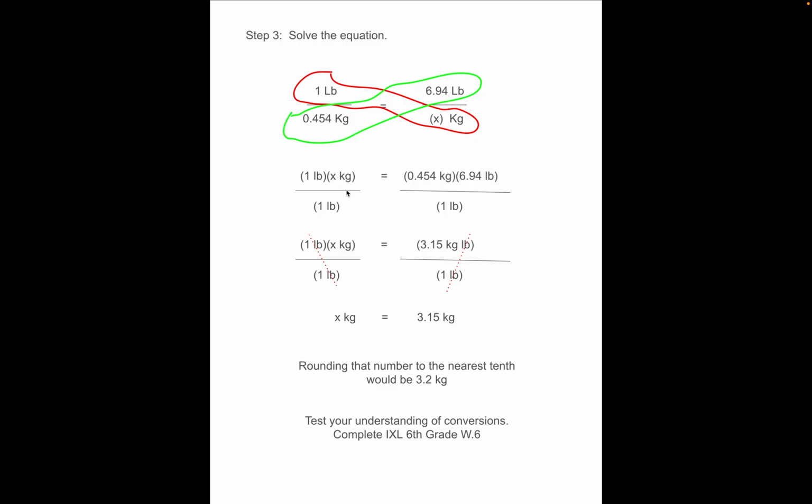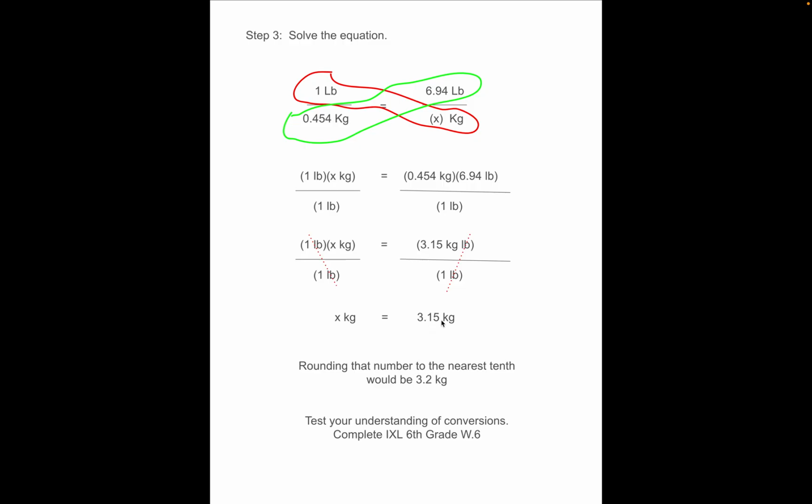To get x by itself, we have to get rid of the pounds, so we divide each side by 1 pound, canceling the units. 3.15 divided by 1 is 3.15. We killed the pounds, and we're left with x kilograms equal to 3.15 kilograms. In today's activity, you're going to be rounding to the nearest tenth.